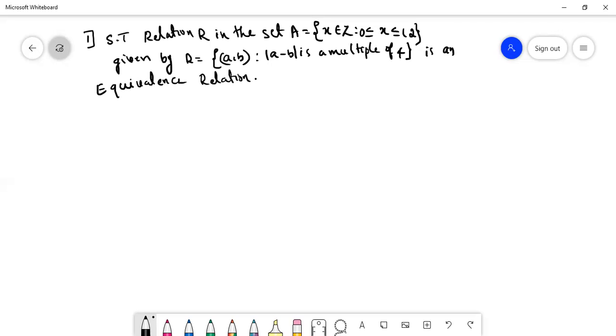So we have to show that the relation given on the set A is an equivalence relation.